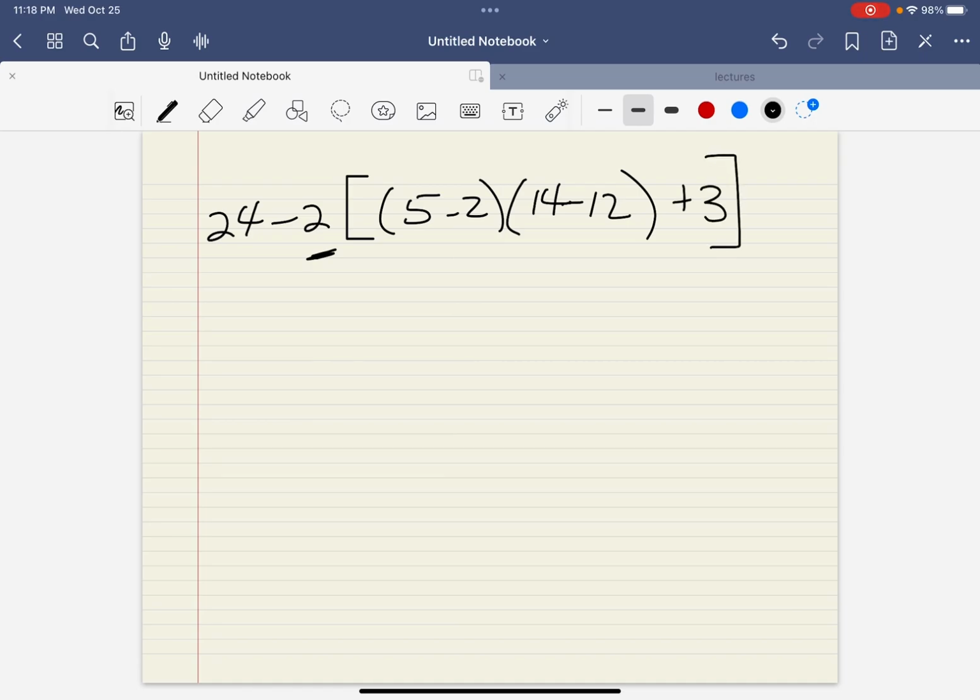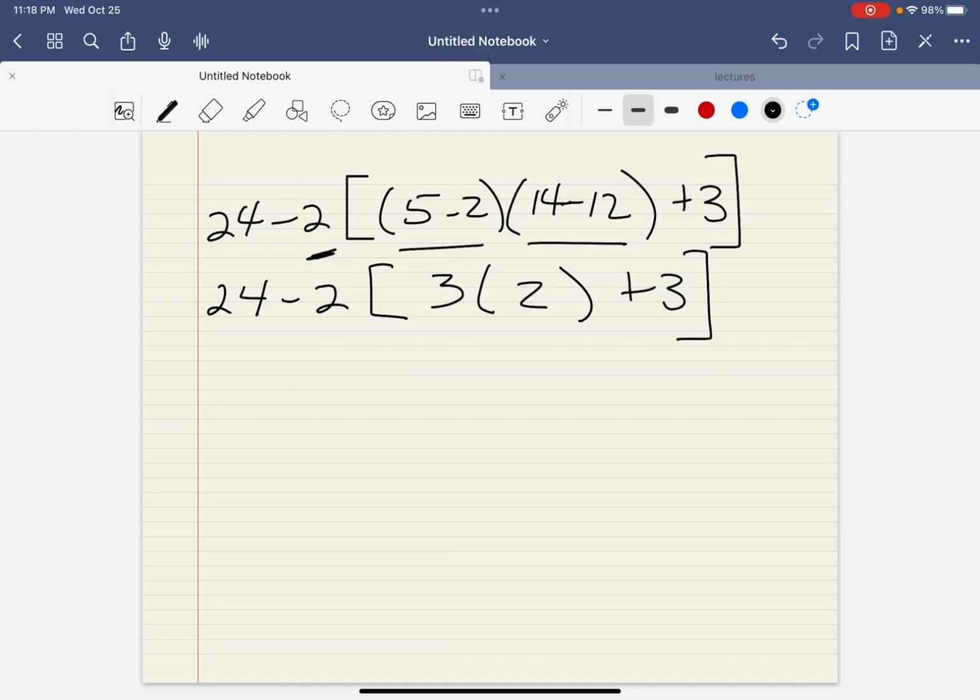So we're going to go to the innermost bracket or parentheses and work our way out. So in other words, we're going to do this and this first. So everything else is going to stay the same. 5 minus 2 is 3, and 14 minus 12 is 2.